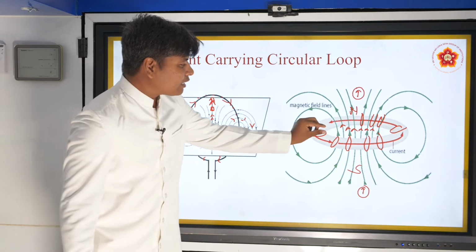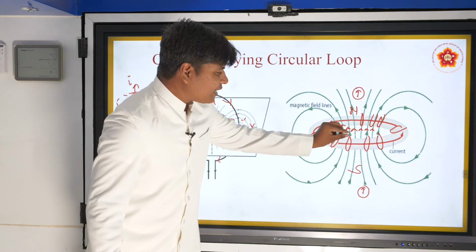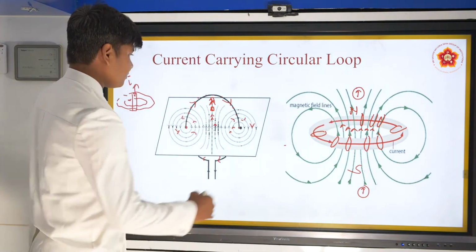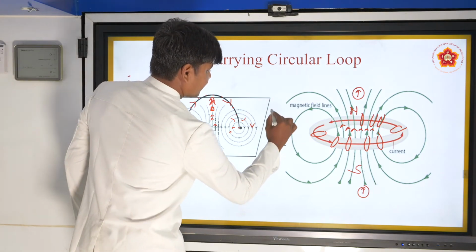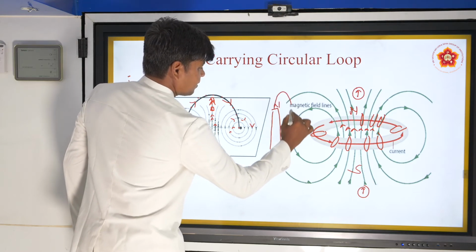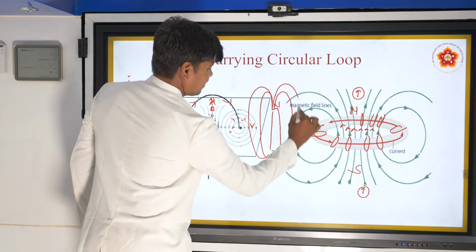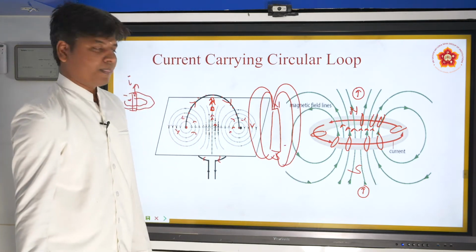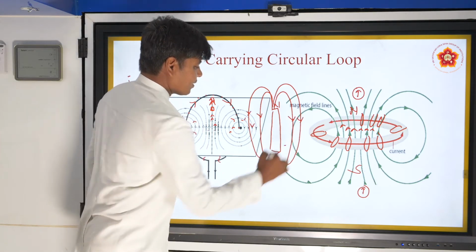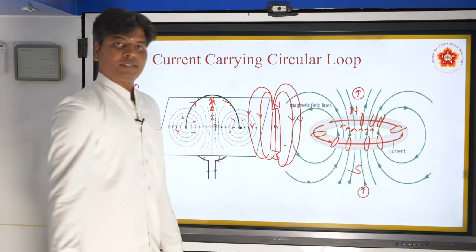So this is behaving as a small bar magnet, but of a very, very thin length, right? If I draw a bar magnet here, these will be the field lines. Inside the magnet, it will be from south to north, right?